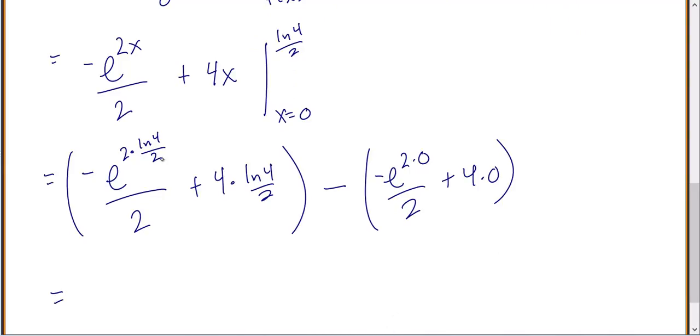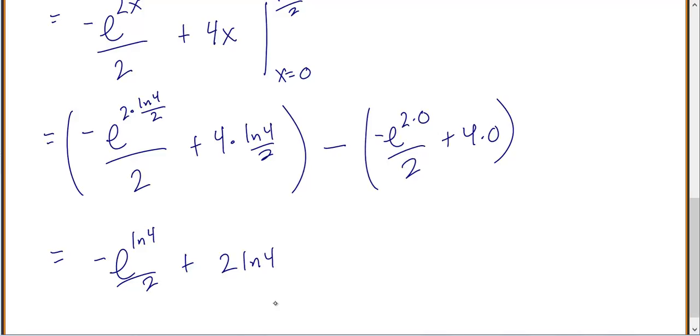Now this 2 over 2 cancels, so we have negative e to the natural log of 4 over 2, plus this 4 and that 2 will simplify to 2 natural log of 4, minus e to the power of 0 is just going to be 1, so this is going to be negative, so minus a negative 1/2 minus 0.